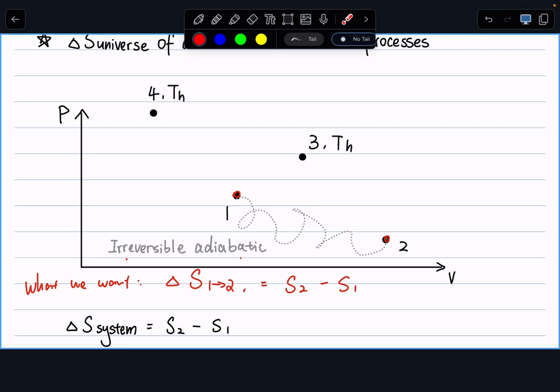Remember we take this from the Carnot cycle, so we can set these pathways. For example, the 2 to 3 part is my adiabatic reversible process. Linking 4 to 1, that's also adiabatic reversible.